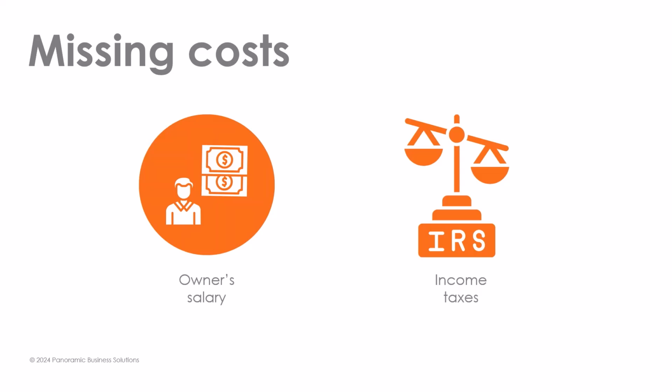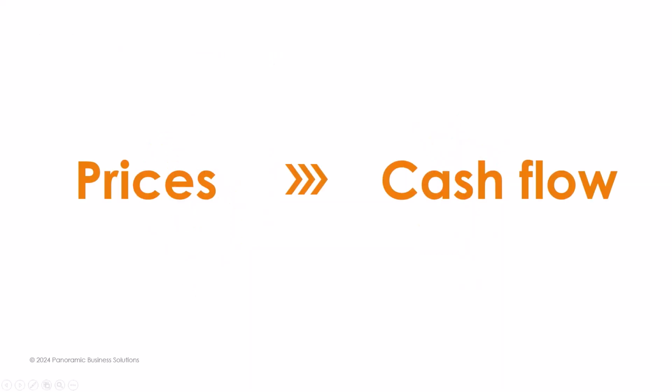Depending on the tax structure of your business, these costs may not be tax deductible, but regardless of whether they're tax deductible or not, they require cash, so they must be considered when you set your prices. And if you don't, you will never have the money that you need so you can pay both of these financial obligations.